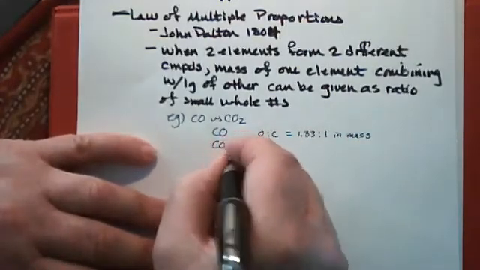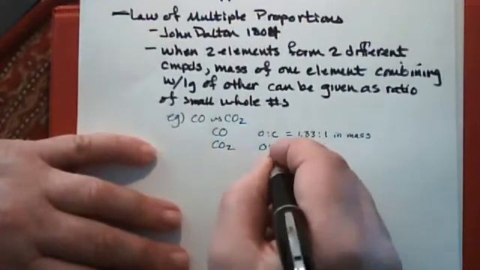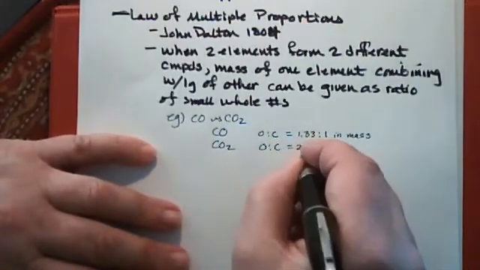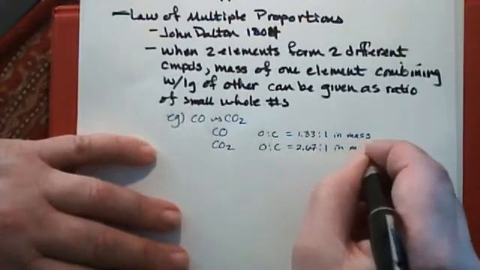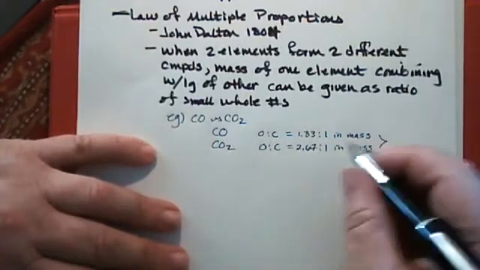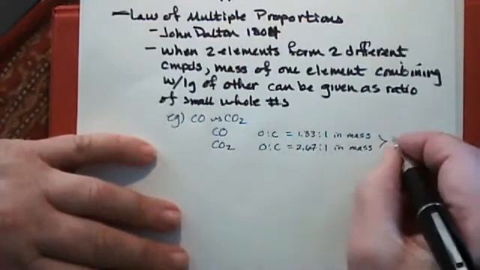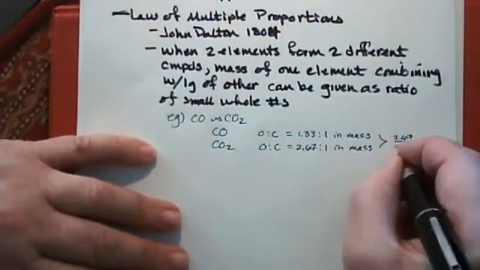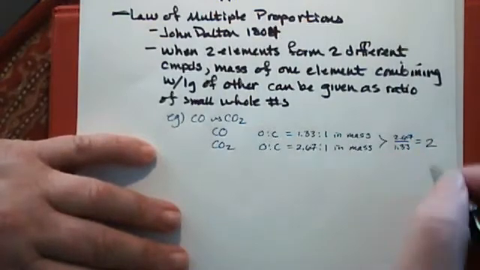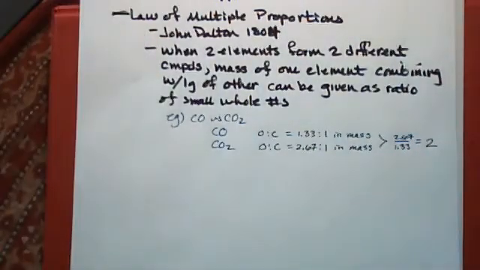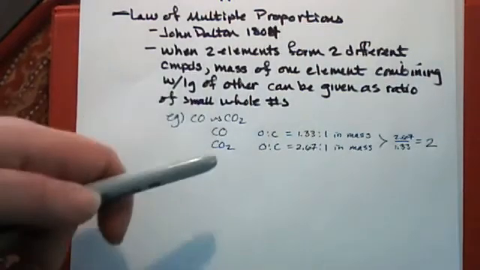For CO2, the ratio of oxygen to carbon is 2.67 to 1 in terms of mass. If you compare these ratios to each other, 2.67 over 1.33 is 2. That's a small whole number. And this is what Dalton found out.